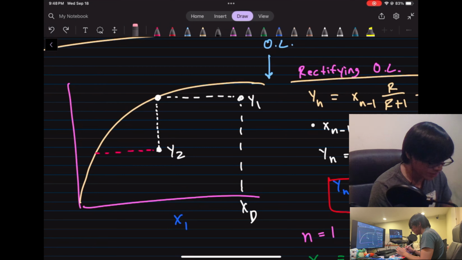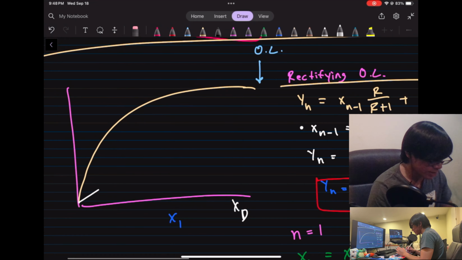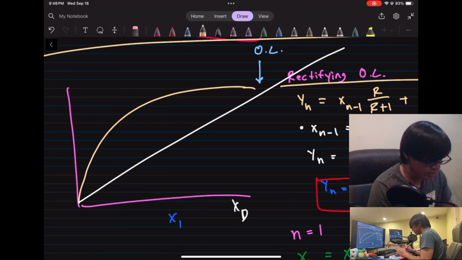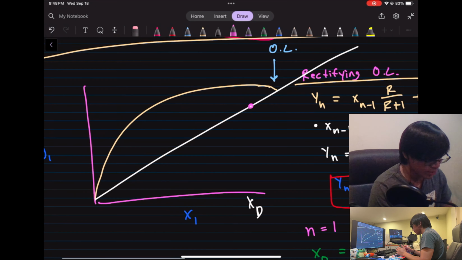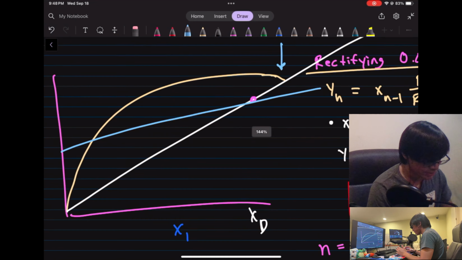So actually, I drew these points lying on the 45-degree line, which wasn't wrong for most of them, but they should have stopped on the operating line as well. And what we wanted to do is that the first point, or I guess first pair, lies on the 45-degree line and the operating line.